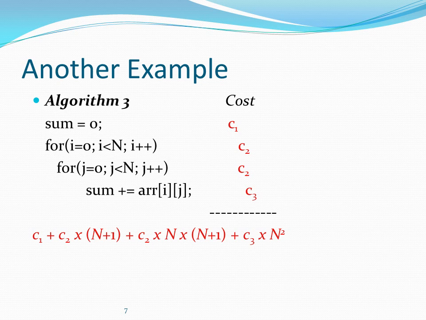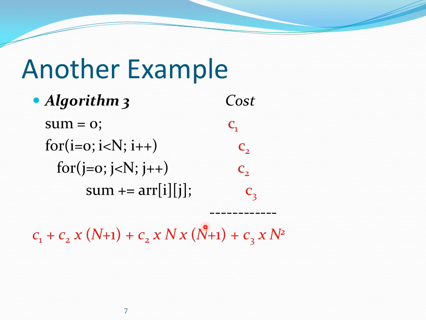Another example. Here sum equal to 0, for this cost C1. For i equal to 0, i less than n, i plus plus, cost C2, for this for loop C2, this statement C3. So total cost is C1 plus C2 into n plus 1. This for loop executes n plus 1 times. C2, for the inner for loop, executed n into n plus 1 times.